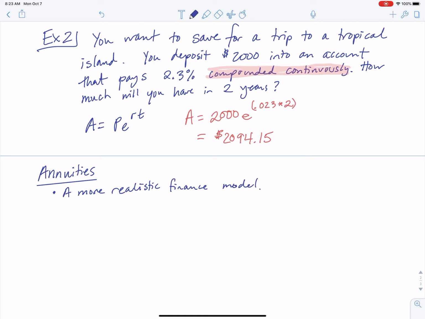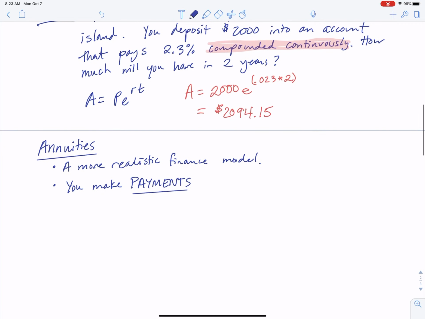All right, and so what makes this more realistic is that you make payments. Okay, and that could be payments just to yourself. So if you are saving money, when we say making payments, we say that you can make a payment to yourself, like a payment into an account. If you're borrowing money, that means that you are paying somebody back at regular intervals.